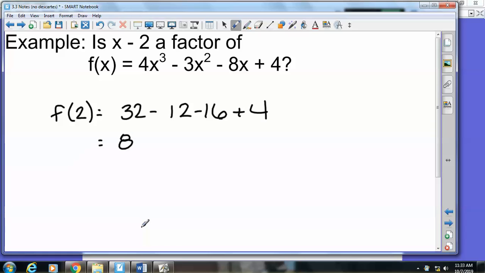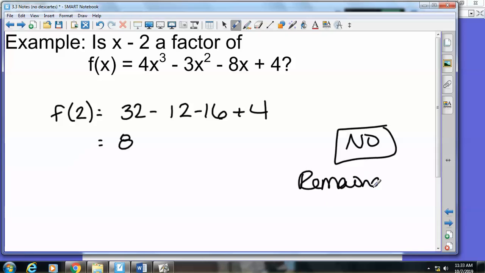So, is that one a factor? No, also not a factor. If I asked you why, it's because the remainder is 8. If you were to divide them, you have 8 left over; it doesn't divide evenly. Alright, that part okay?